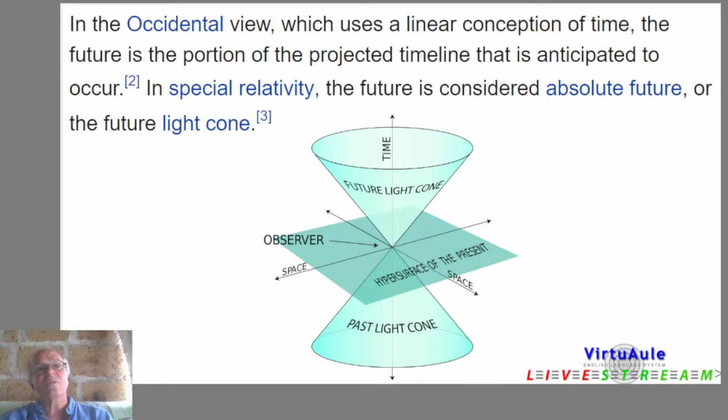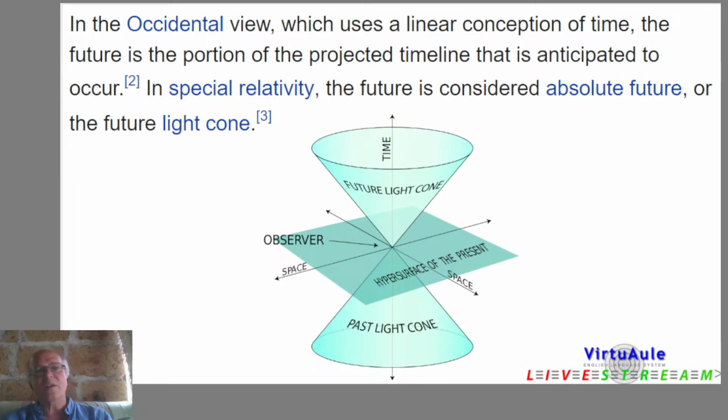In special relativity, the future is considered absolute future or the future light cone. Okay, this is science, special relativity, but we can see in the graphic a little more complicated situation.